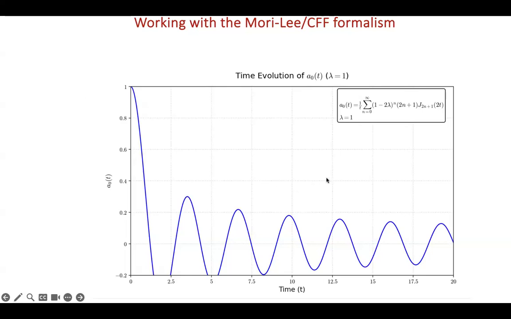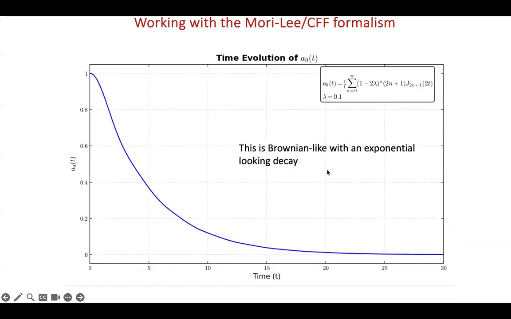So now let us look at it when lambda is 0.1. When lambda is 0.1, mind you, m0 is 10, m is 1, because it is 1 over 10, right? 0.1. Now you see the same A0 of t looks like an exponential decay, which is the hallmark of the Brownian problem.